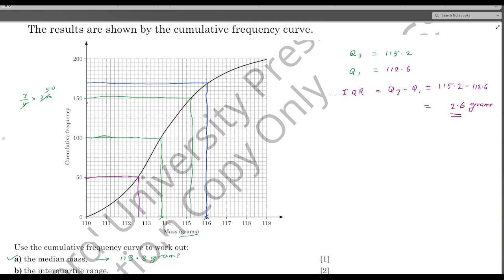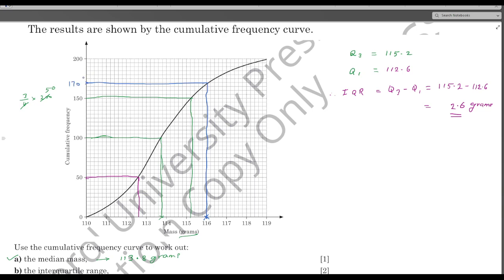Now from 150 to 200, there are a total of 10 lines, so each line represents 5. So 10 lines will represent 50. So it is 150, then 155, 160, 165, then 170. So this point is 170.